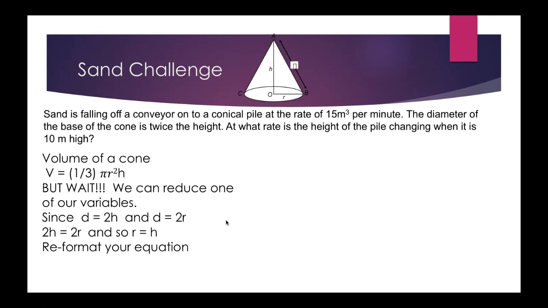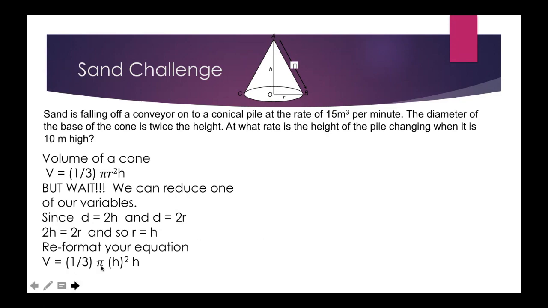If I asked the same question but said, at what rate is the radius changing? Well then, I would need to change all these into r's. I've also given you 10 meters high, so we've got a lot of height going on. I'm going to reformat this, and since r is the same as h, I'm changing all my r's into h's.